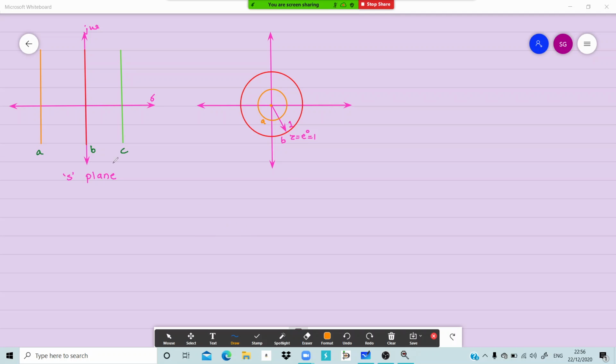Okay, right? When you are going on this extreme right side, e raised to infinity will be a circle with infinite radius. But now it's not infinity, but it is on the positive side.